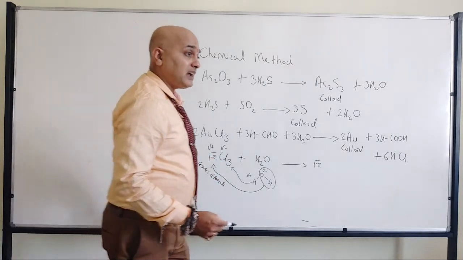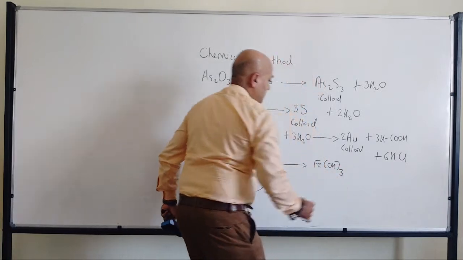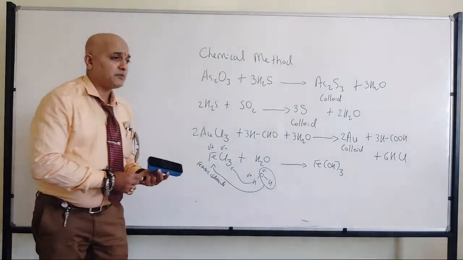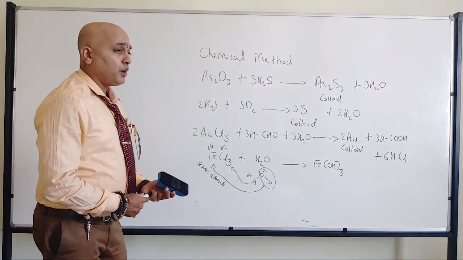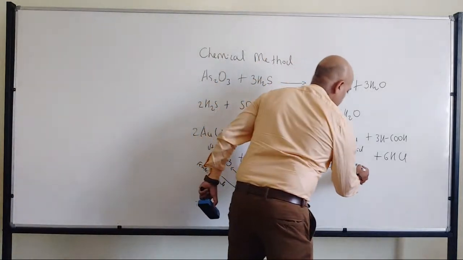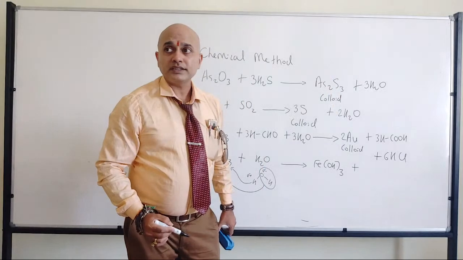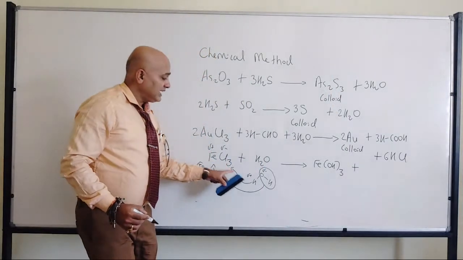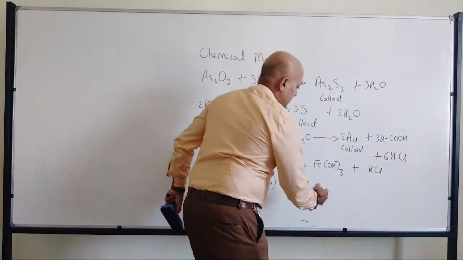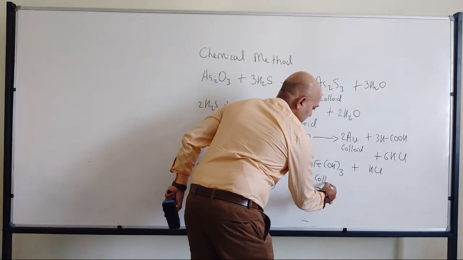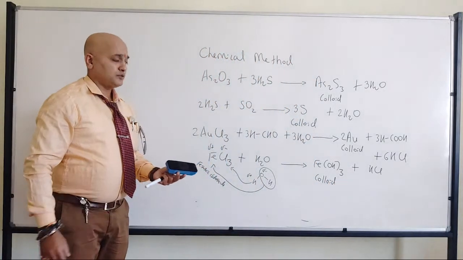So therefore ferric hydroxide should be the product, where each hydroxide will be having -1. So the formula should be Fe(OH)3. What should be the other product? The other product should be HCl, right? And this ferric hydroxide solution is the one which will form the colloidal solution.